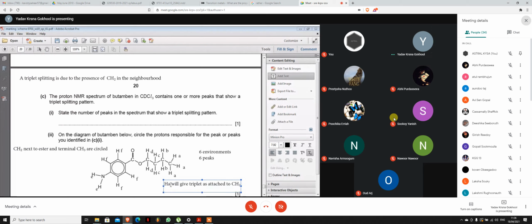Secondly, look at HD. HD will give a triplet as it is attached to a CH2.